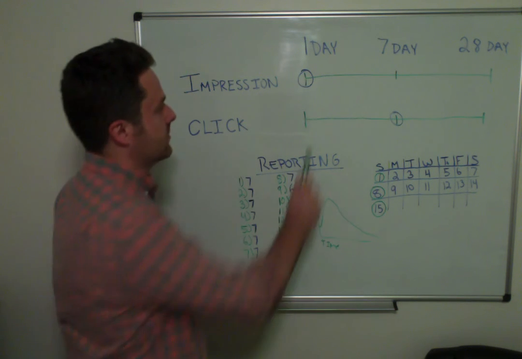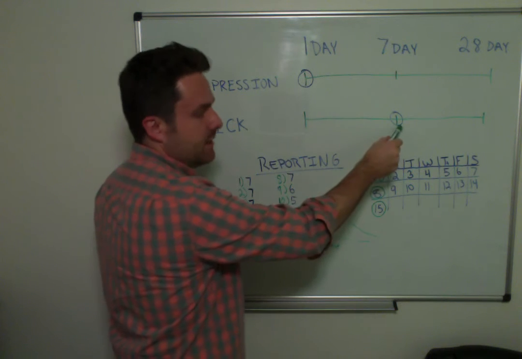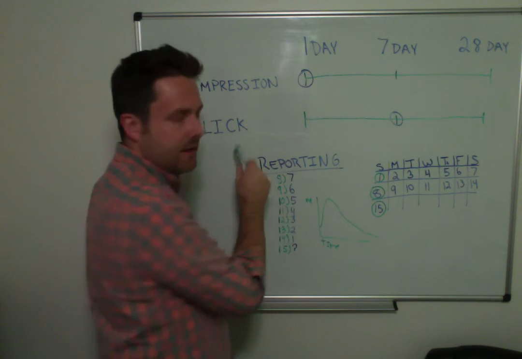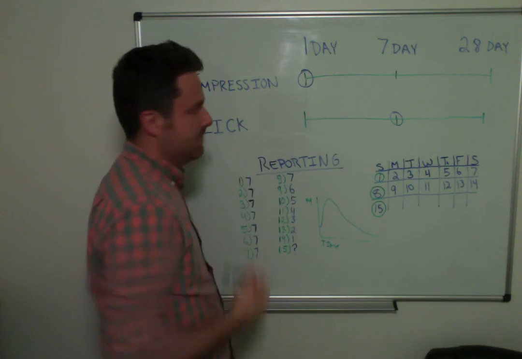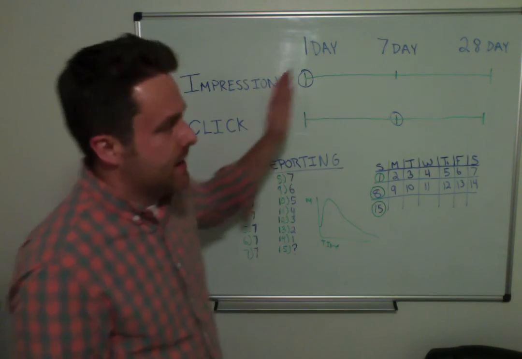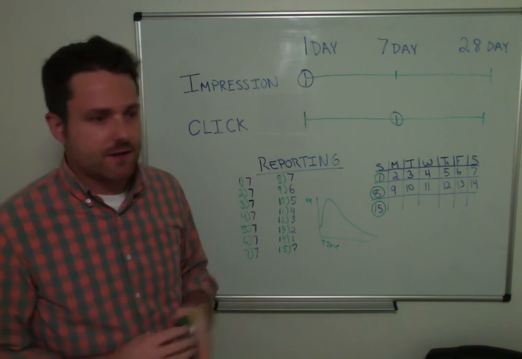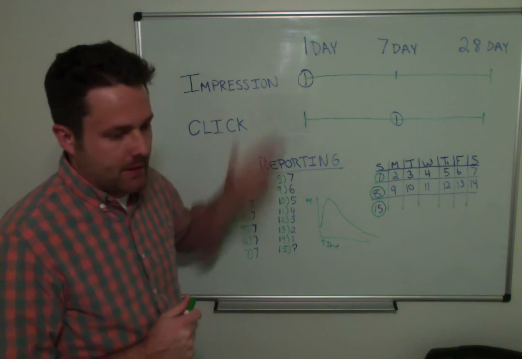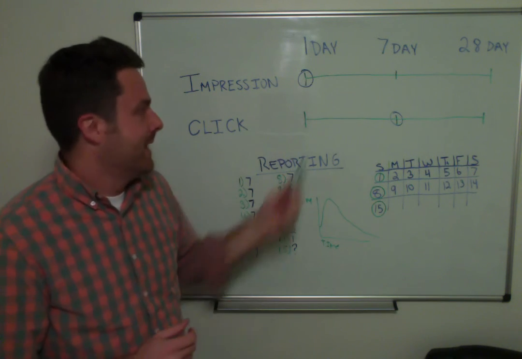Industry standards push more towards giving a little more attribution to a click, which is perhaps a more engaged user, and less so for an impression. But you need to figure out what's right for your business. Every business is going to be different. Let's say you're selling socks, that's a low consideration item.